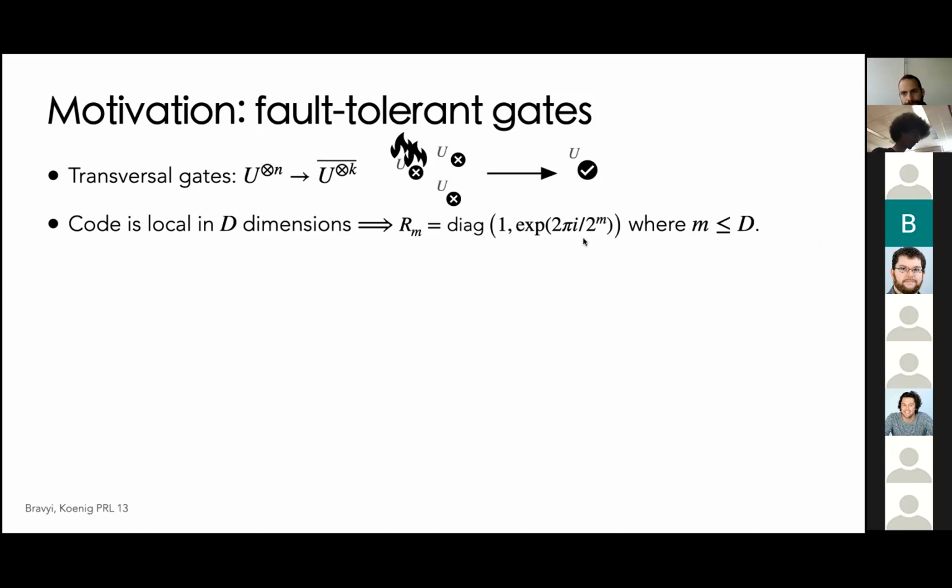Let's suppose that we want to perform the following diagonal rotation. This is a gate in the computational basis, which leaves the 0 state alone, and it adds a phase to your 1 state, and the fineness of this angle is dependent on this parameter m.